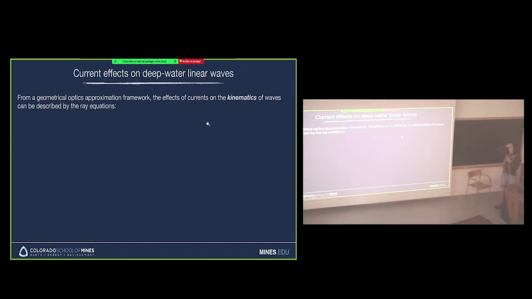Just so we're all on the same page, although I'll move through these rather quickly, if we start from a geometrical optics framework, we can describe the kinematics of surface waves using ray equations, where currents come into play by introducing a Doppler shift in the dispersion relationship.